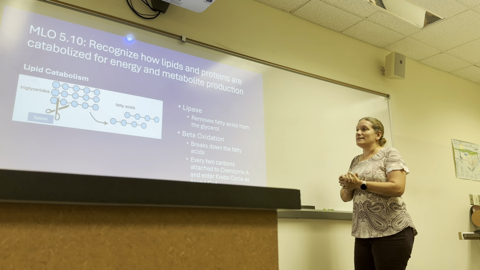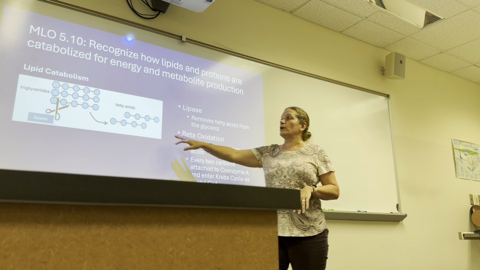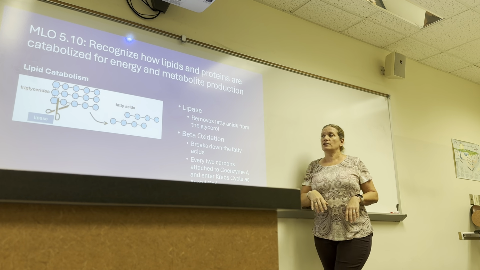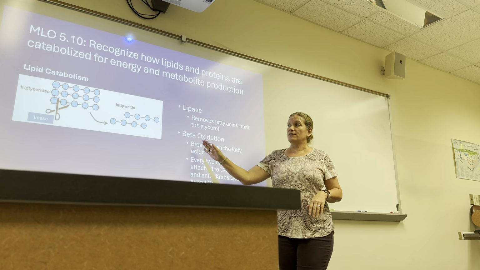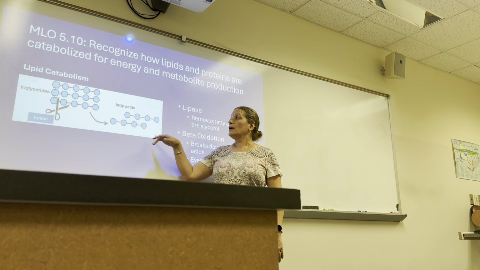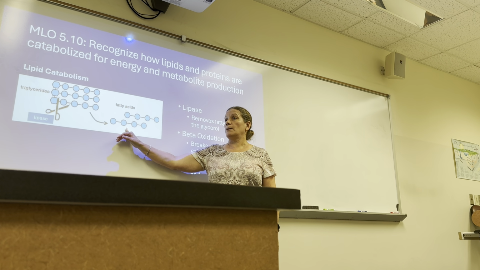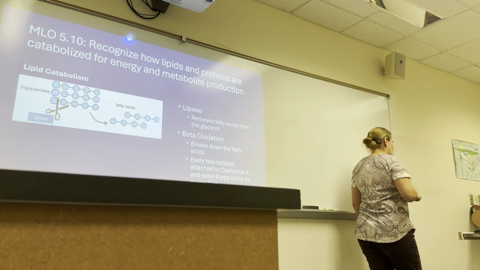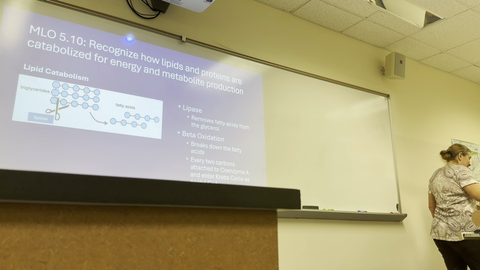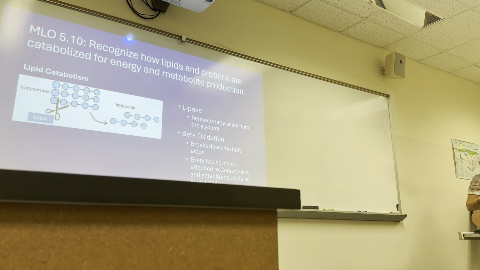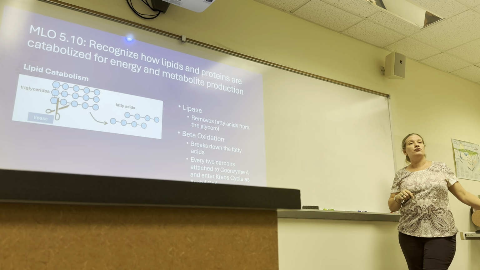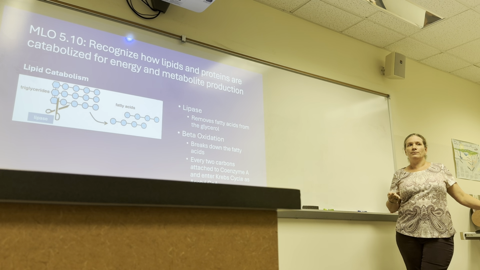Now the fatty acids are going to go through a process called beta oxidation. The fatty acids can be very long, and they're just going to be chopped up by 2s. Every 2 carbons of this skeleton is removed, attached to coenzyme A as acetyl-CoA, and enters into the Krebs cycle.